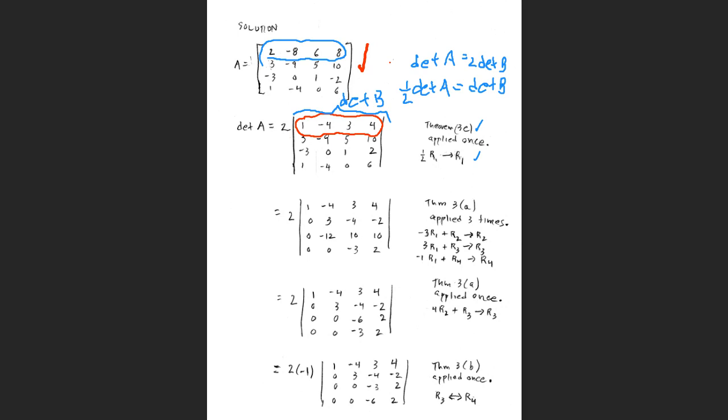It's easiest to think of it as the determinant of B is 1/2 times the determinant of A, but then you could say the determinant of A is 2 times the determinant of B, and this is what we have here. So far, are there any questions?